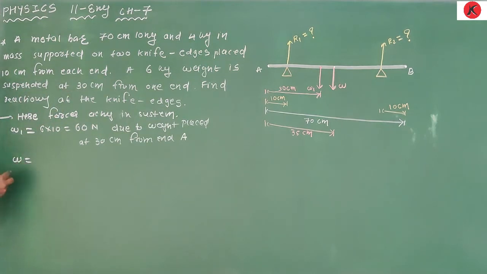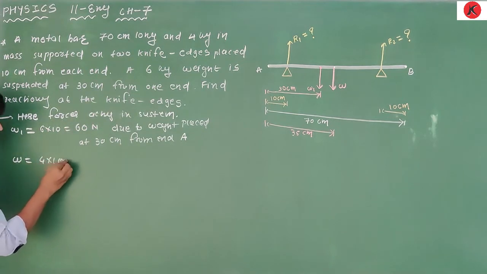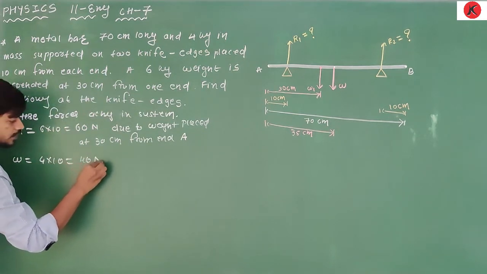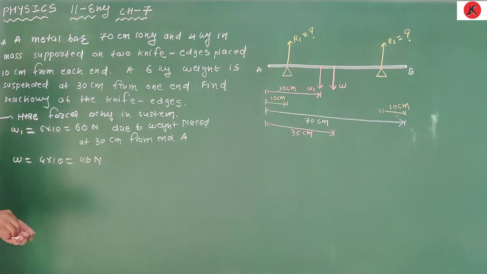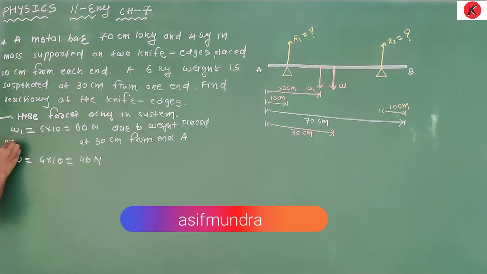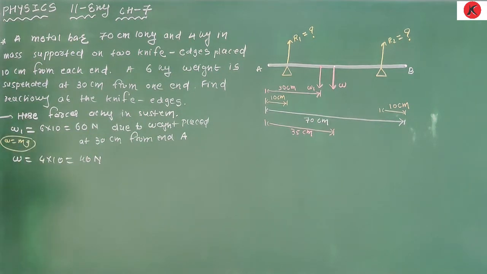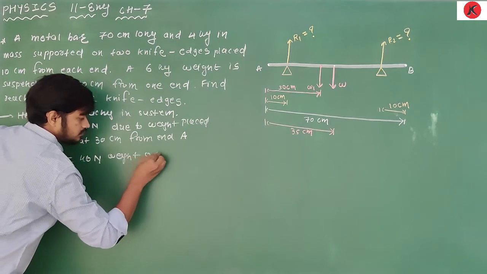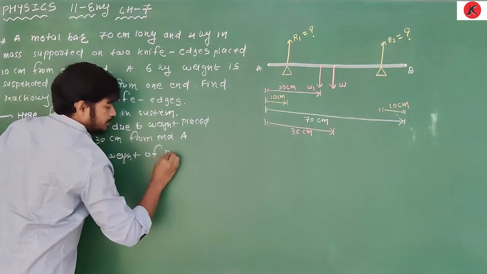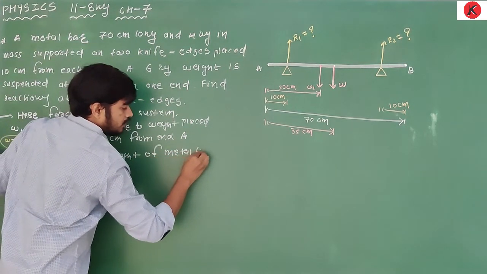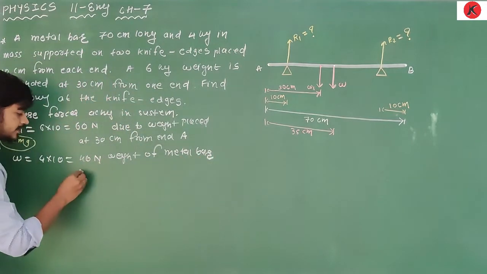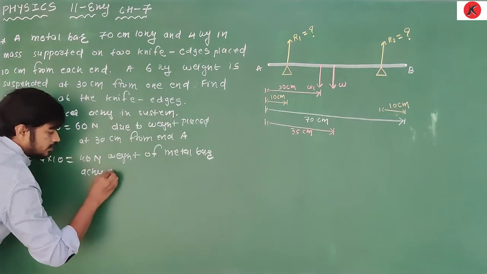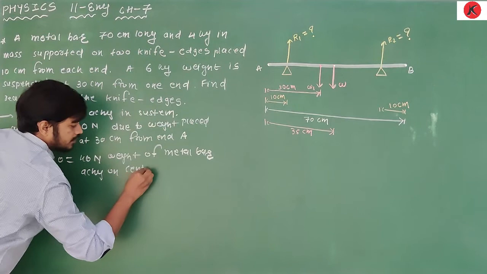Then W is equal to, what is the mass of the metal bar? It is 4, so 4 into 10 is equal to 40 Newton. Hello students, it is nothing but W is equal to mg, okay? 40 Newton is the weight of the metal bar acting on its center of gravity.